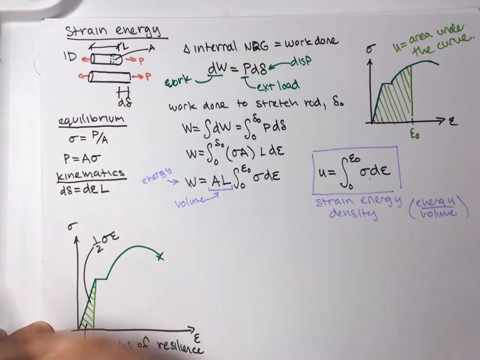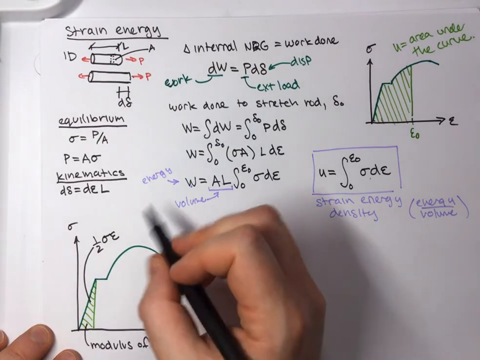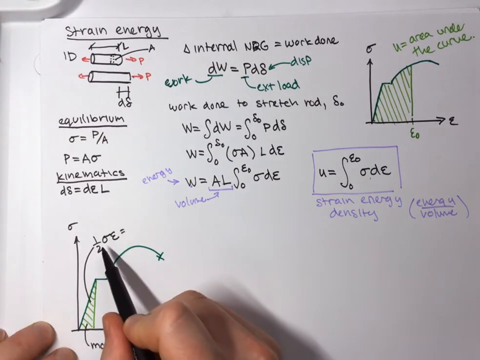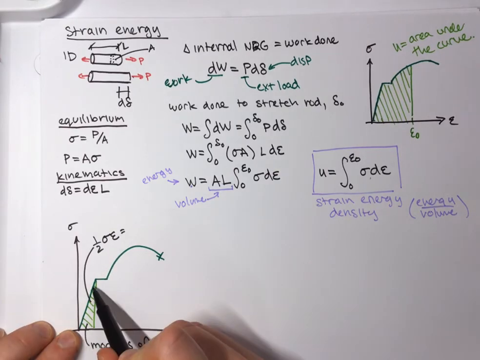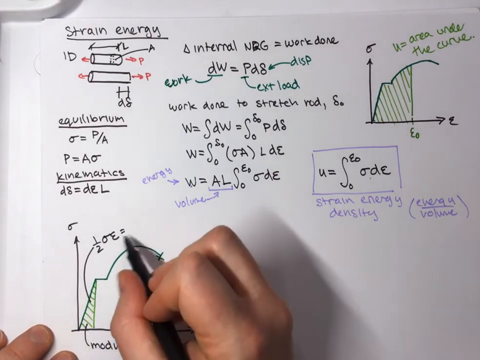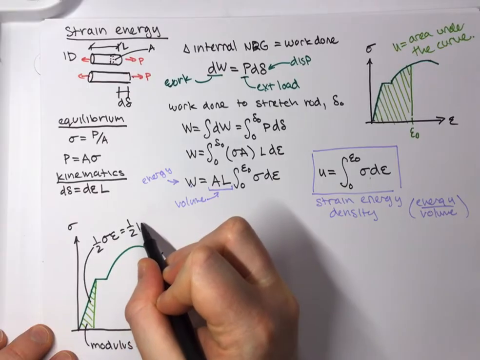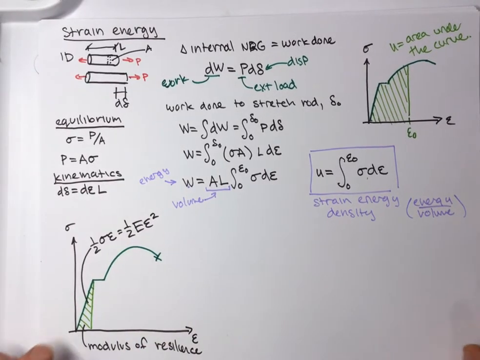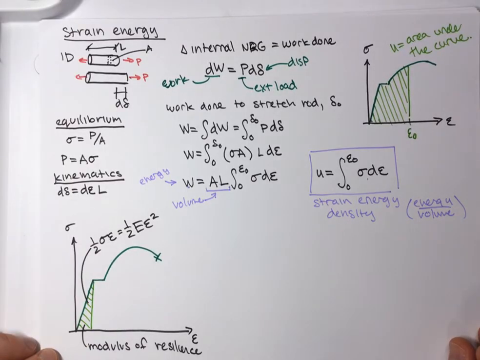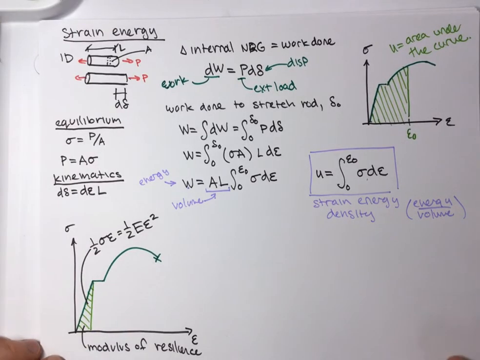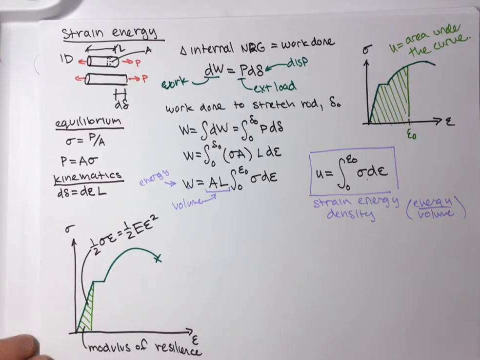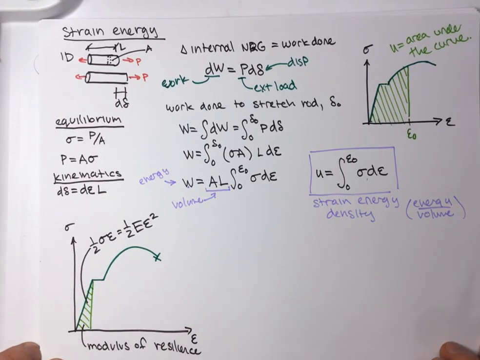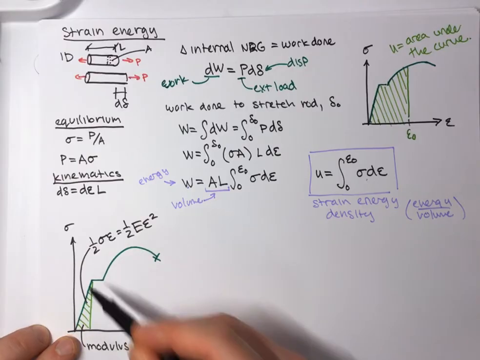And that would be just the area of the triangle. Because we know the relationship between stress and strain in the elastic portion, this ends up being 1/2 the elastic modulus times the strain squared, which should look a lot like the spring energy if you go back to your physics class in Hooke's Law. Okay, so that's the modulus of resilience. It's just the area up till yield.